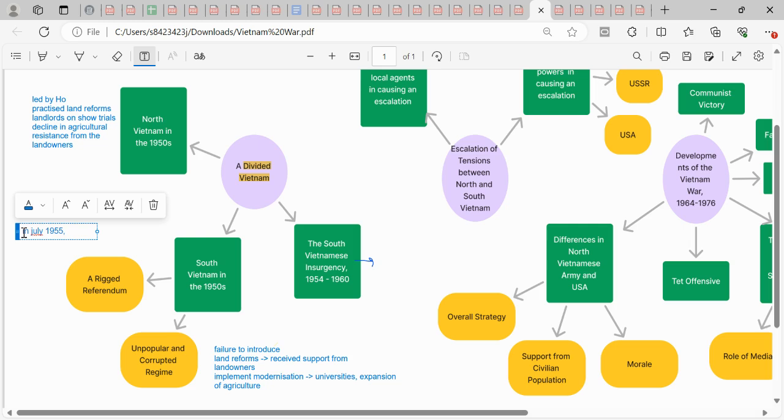The first thing we need to mention, July 1955, the Vietnam-wide elections, not done, not held. I think the North were a lot more keen on doing this, the South, knowing that they don't really stand a chance. Ho was a lot more popular.